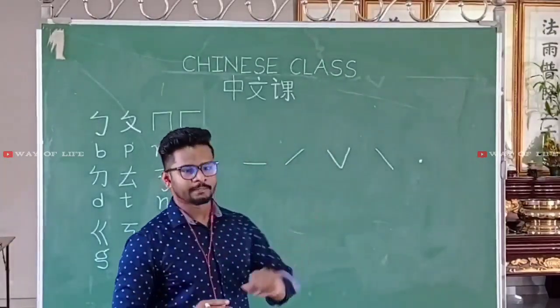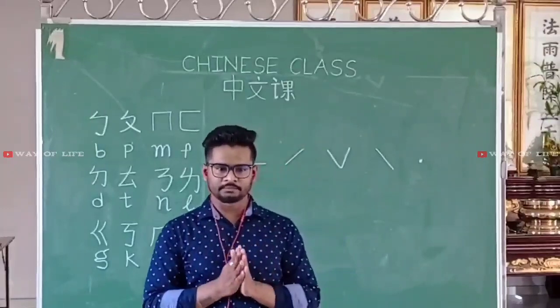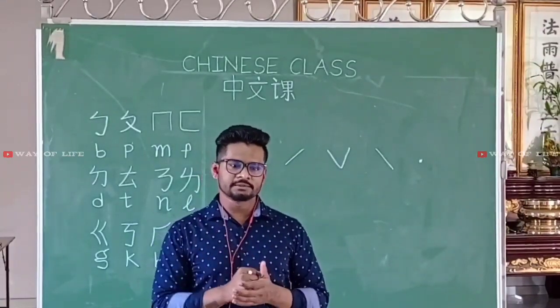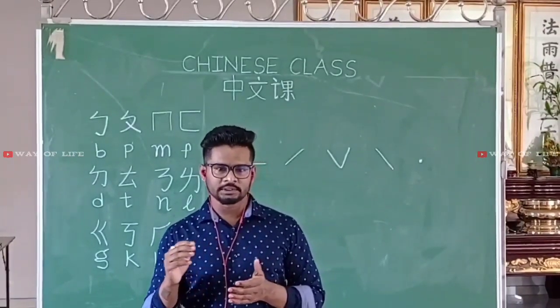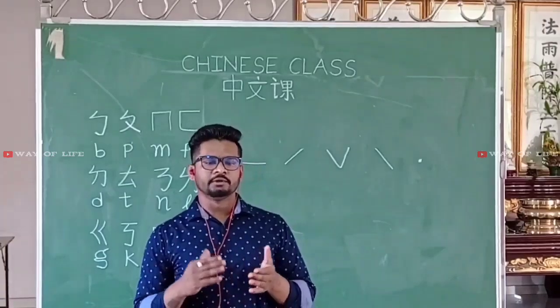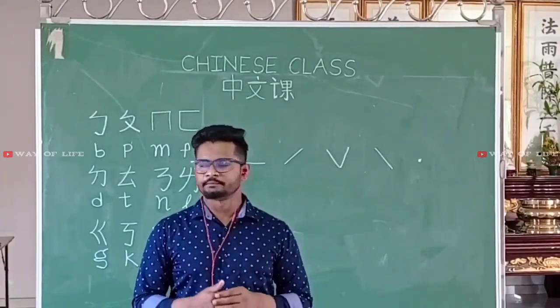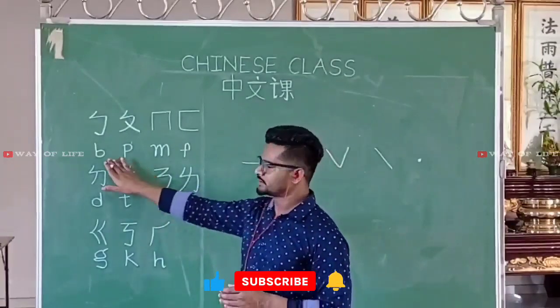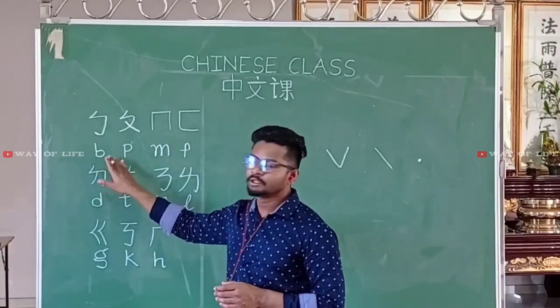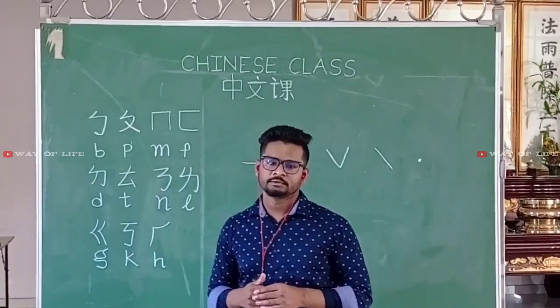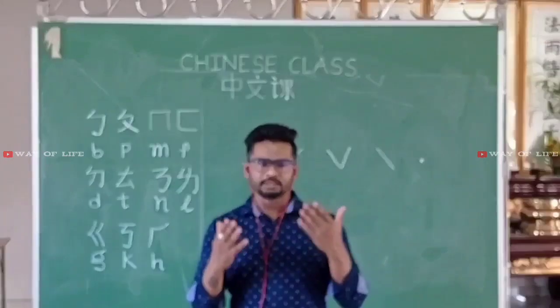This first tone is just like a bell. You know how a bell sounds, tung, like that. So definitely we will try and pronounce in that way. The first alphabet is P. Yes, guys, you can recite after me.